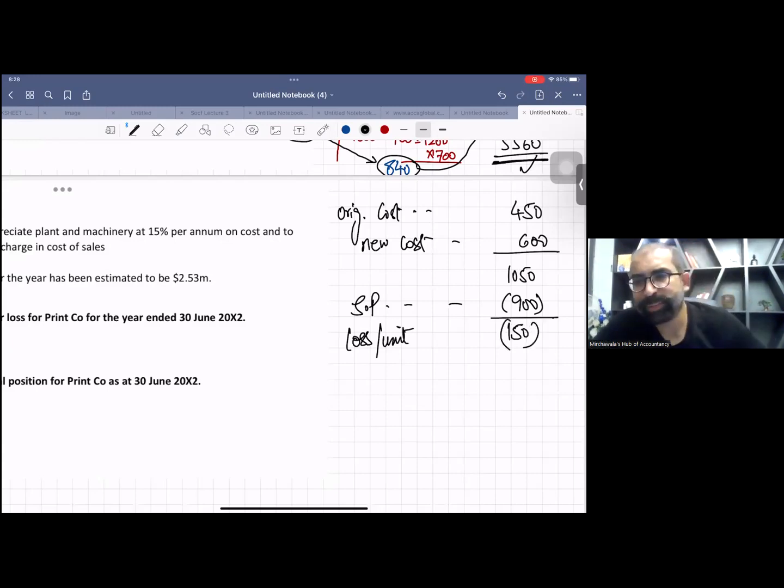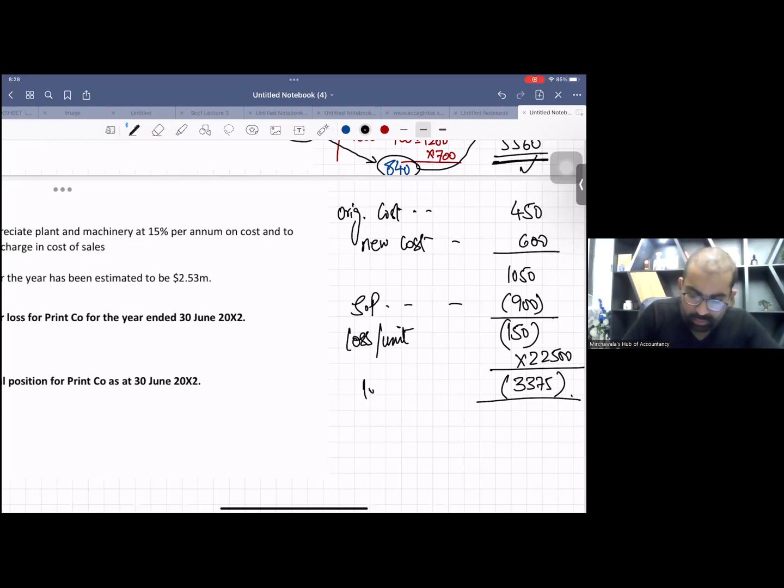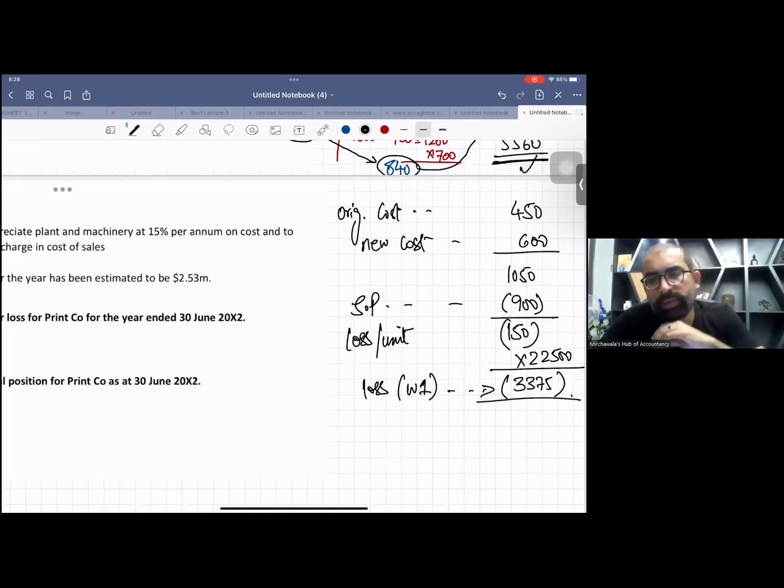And you have to buy 22,500 units. Can anybody tell me the total loss by removing 3 zeros? The total loss should be around 33. Using working 1, the loss is 3375. So the first option is 3375.